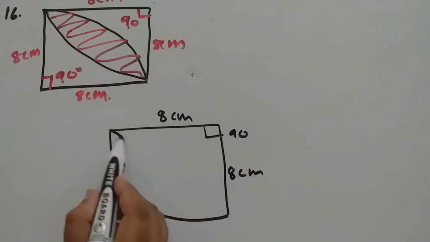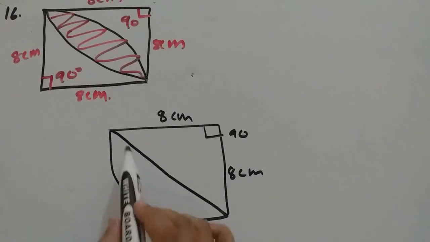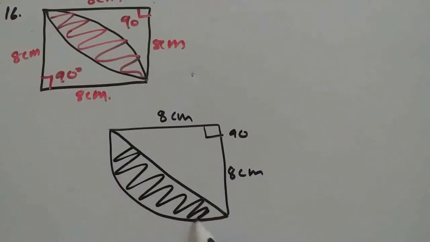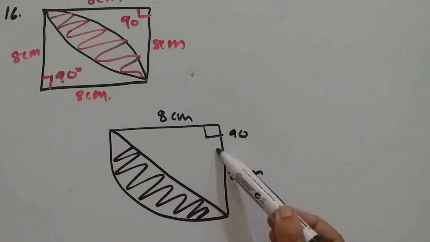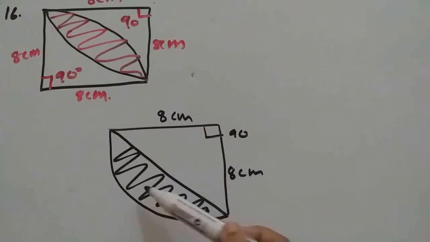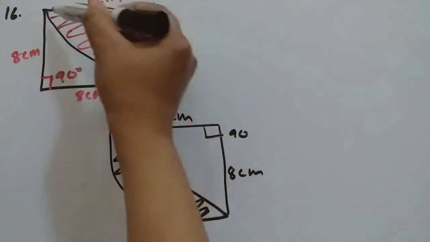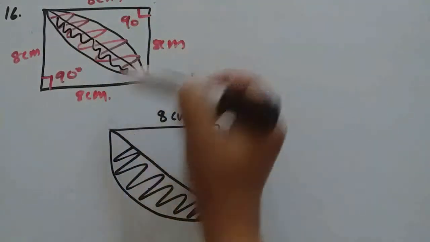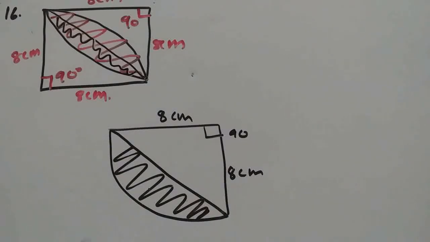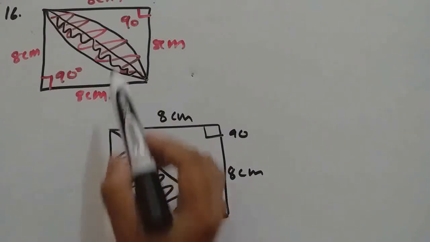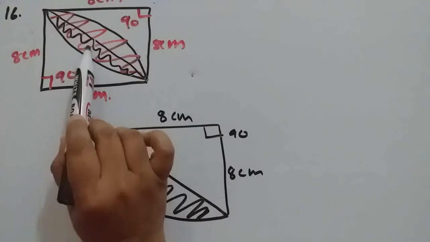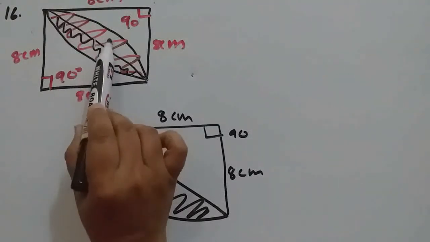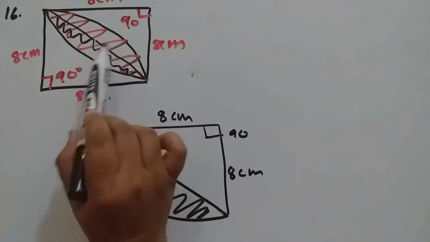And then we will draw this one. We should find area of segment. So by subtracting area of triangle we can get this area, isn't it? So this area is what? Half of this, see? So after getting one area we will multiply that area with 2 to get total area.